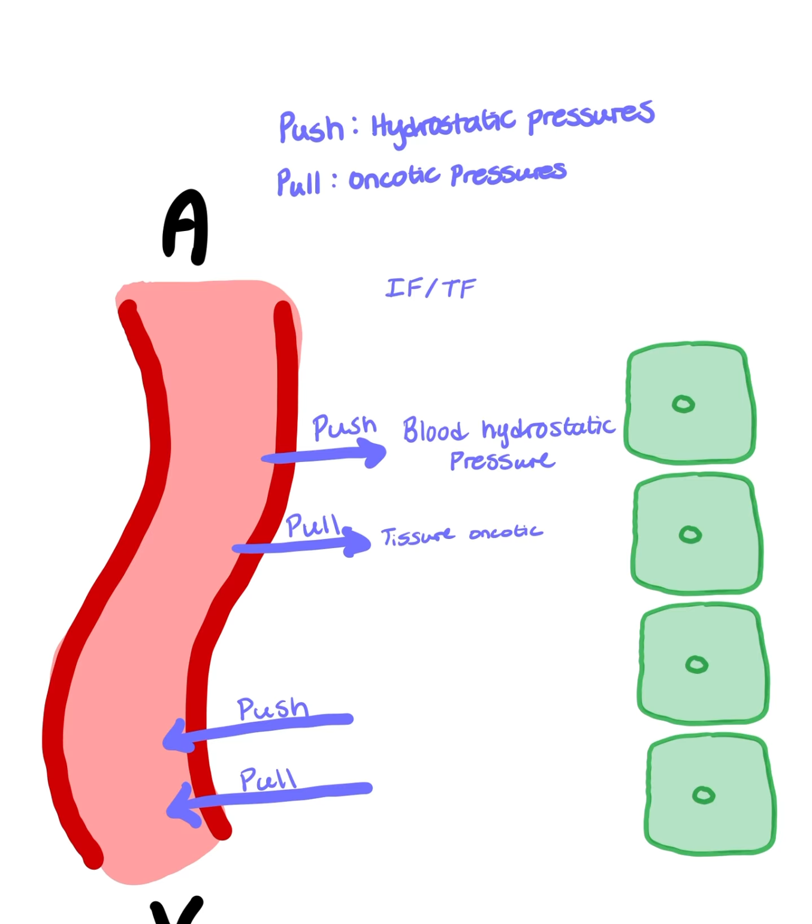So in this given area, there are going to be more solutes causing water to follow, so causing fluid in the plasma to be pulled towards that interstitial space. So those are your 2 forces that are responsible on the arterial side for bringing water into that interstitial space.